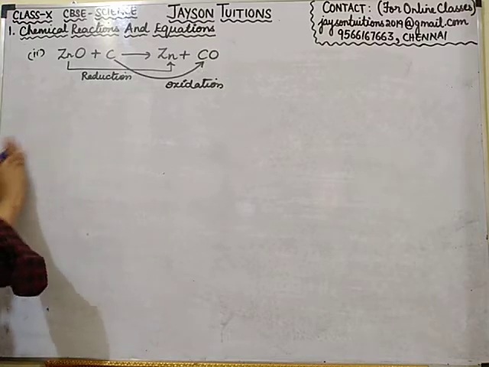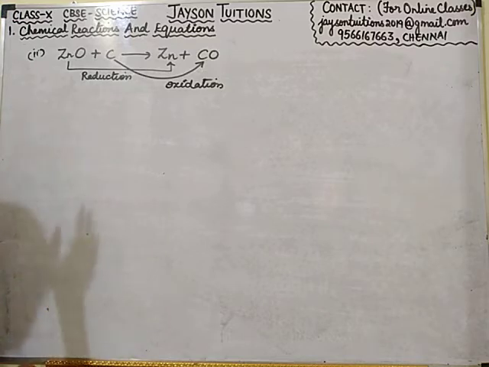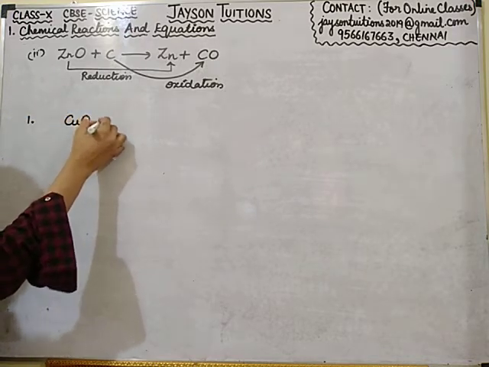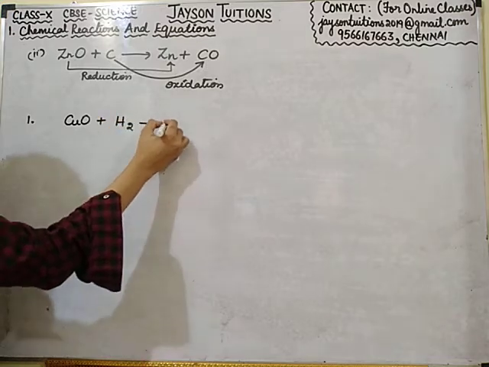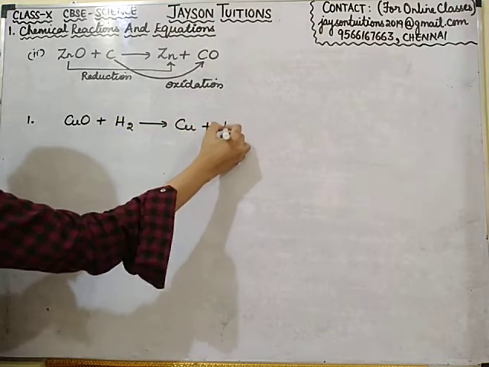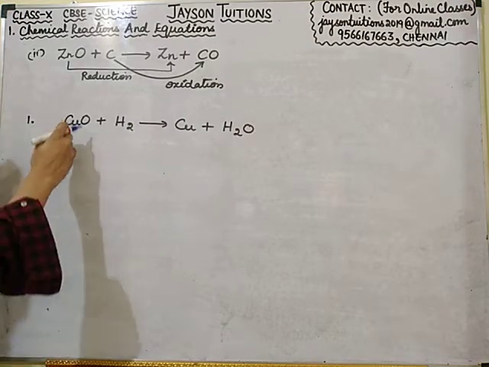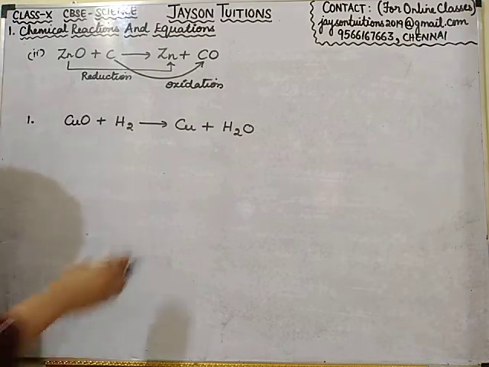Now they will give some questions based on this redox reaction. They will give one equation like this: CuO plus H2 gives Cu plus H2O. They will give you an equation like this and ask you 4 questions based on it.